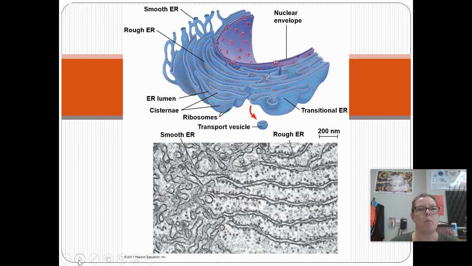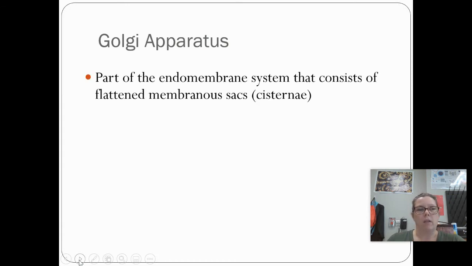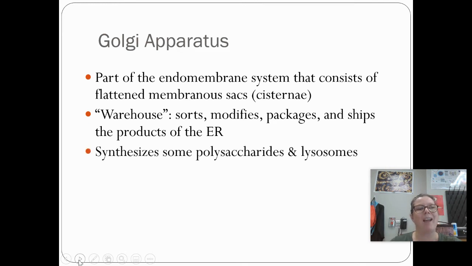That's part of the endomembrane system. And then you have the Golgi apparatus. So where the ER is more of a transport system that moves things around the cells, and is involved in the production of materials but also the movement of materials around cells, the Golgi is more of a warehouse and packaging area of the cell.